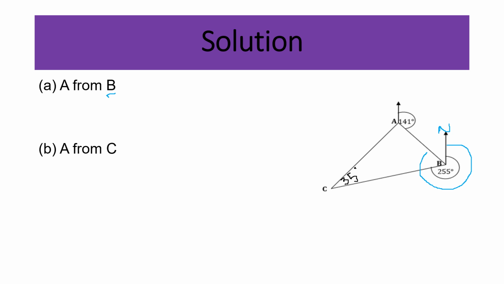To find this bearing, if we had made a complete circle, it would have been a complete revolution, which is 360. In this case, there is a missing angle, which we are supposed to subtract from 360. How do you find the missing angle? You add the same angle here with the 141.